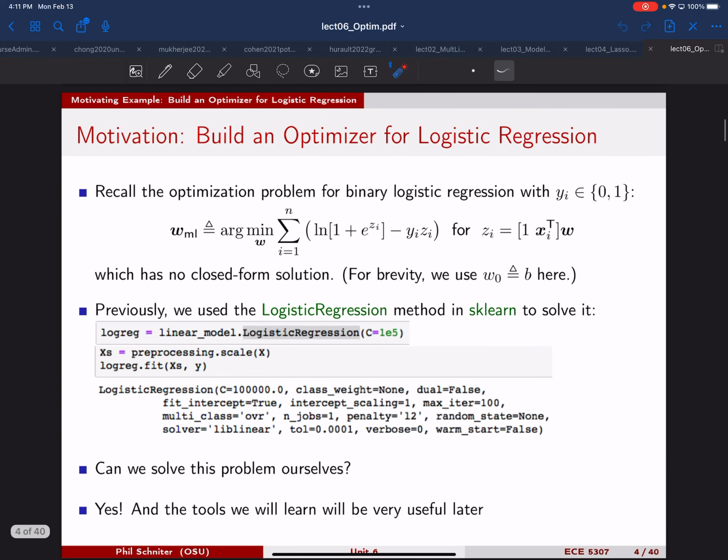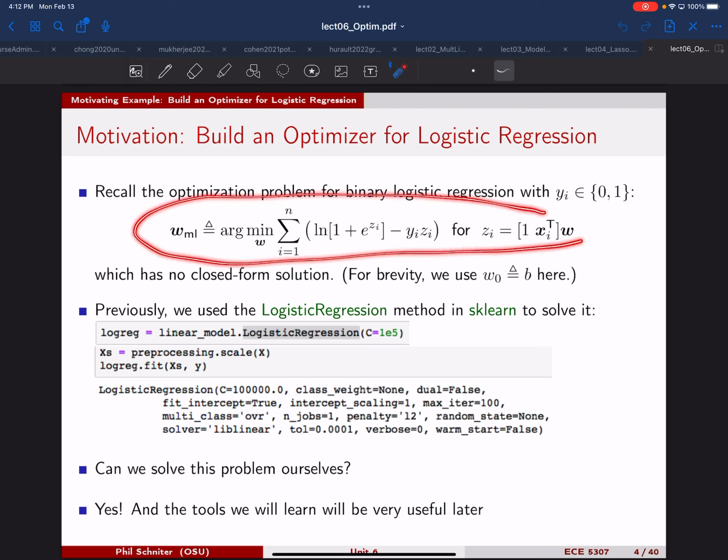So just sort of to motivate us for this unit, we're going to recall one of the more important equations from last time, which was binary logistic regression, where we had 0, 1 labels, and we said that the weight vector W that maximizes the likelihood, or minimizes the negative log likelihood, was given by this problem here.